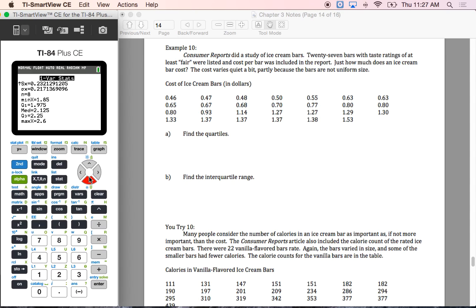If I count 1, 2, 3, 4, 5, 6, 7, 8, 9, 10, 11, 12, 13, and I count 13 from the other way, you'll see that you have a number that's not in either group. That 0.80 is not in either one of those groups. So that is your median.